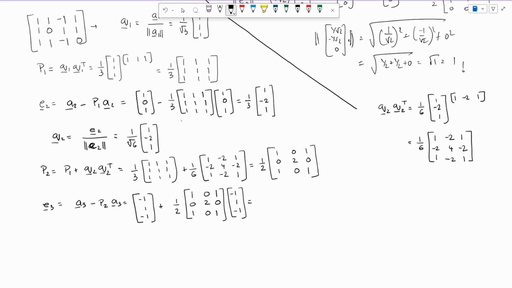E2 did not come out to be 0. That means A2 and A1 form a linearly independent set. Okay. Now we are finding out E3.